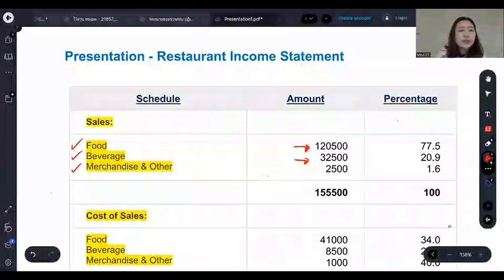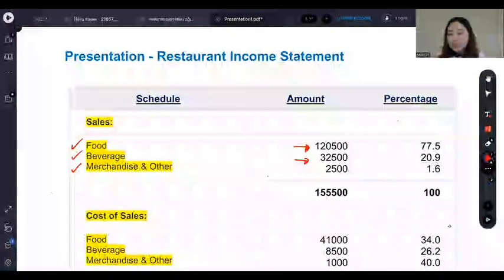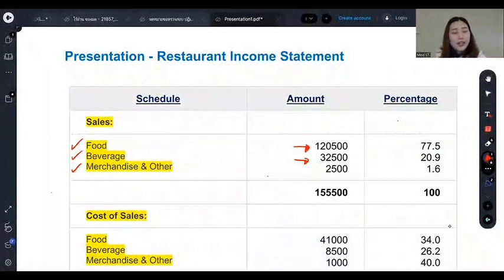And the last one is merchandise and other. This one refers to the sales of miscellaneous items, for example our t-shirts, our cups, or our limited edition dishes and candy, or our gift items.